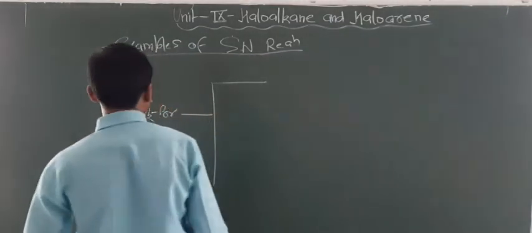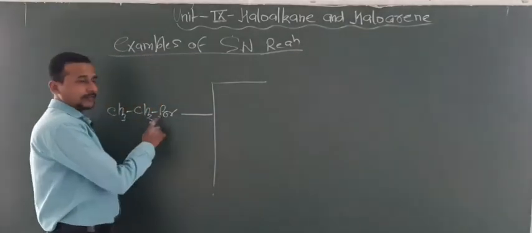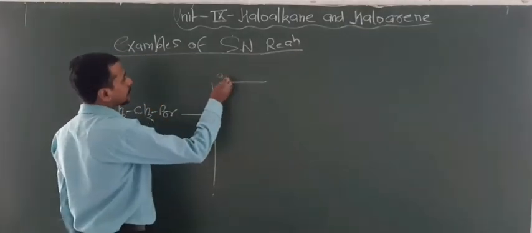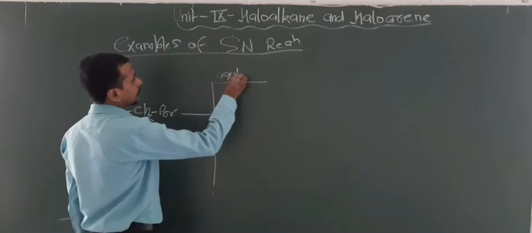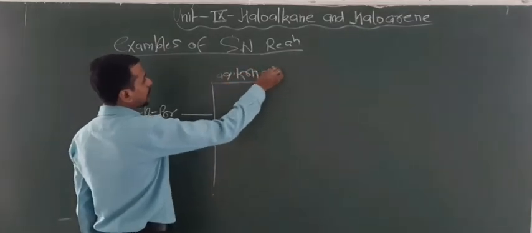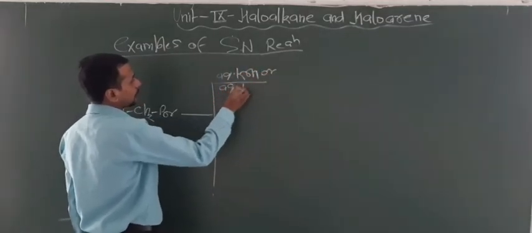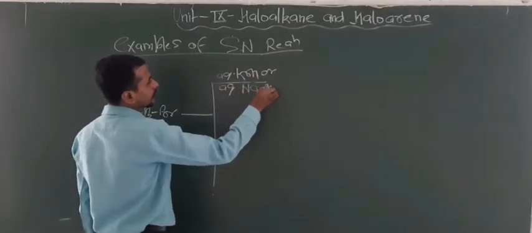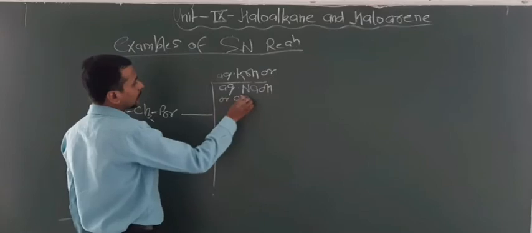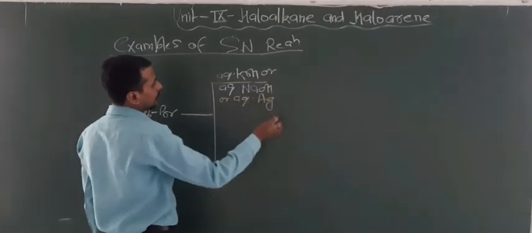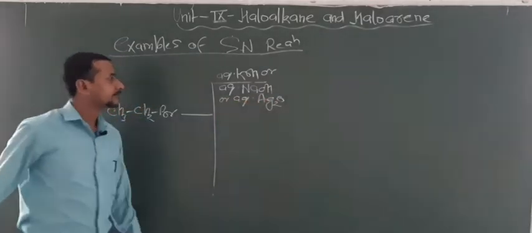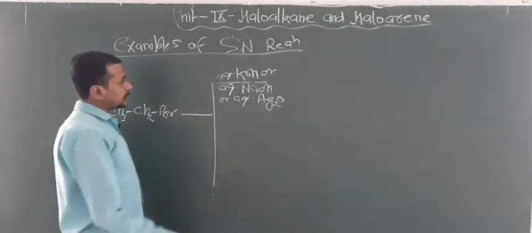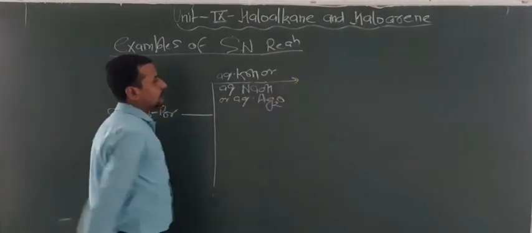Look here, when ethyl bromide reacts with aqueous KOH or aqueous NaOH or aqueous Ag2O, in those three conditions, what happens basically?